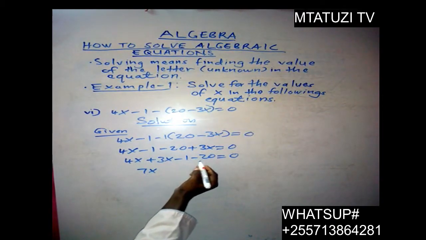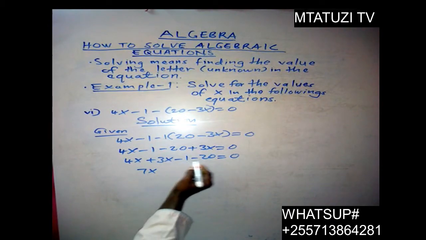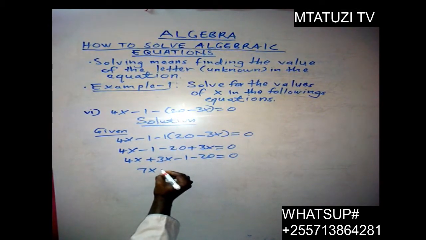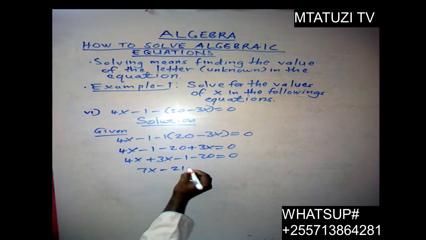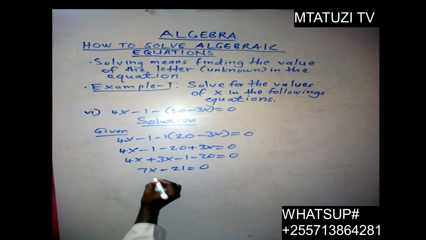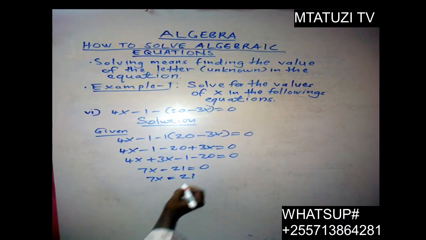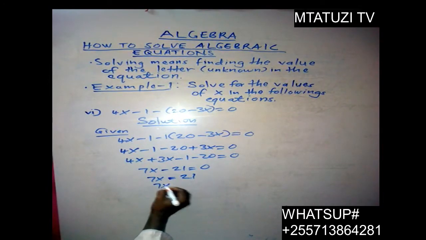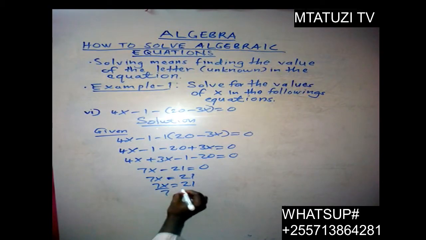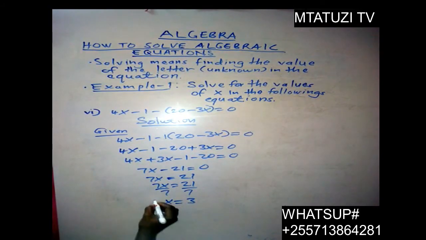Negative 1 minus 20, you get negative 21 is equal to 0. So therefore it will be 7x, shift that 21 to that side, it will be positive 21. So therefore 7x is equal to 21. In order to get x, divide by 7. Therefore x is equal to 3, the value of x.